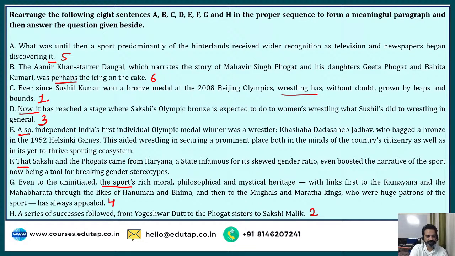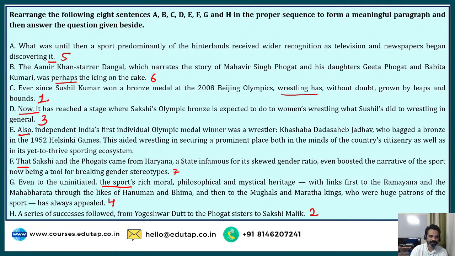That Sakshi and the Fogats came from Haryana, a state infamous for its skewed gender ratio, even boosted the narrative of the sport now being a tool for breaking gender stereotypes. And the last should be sentence number E.